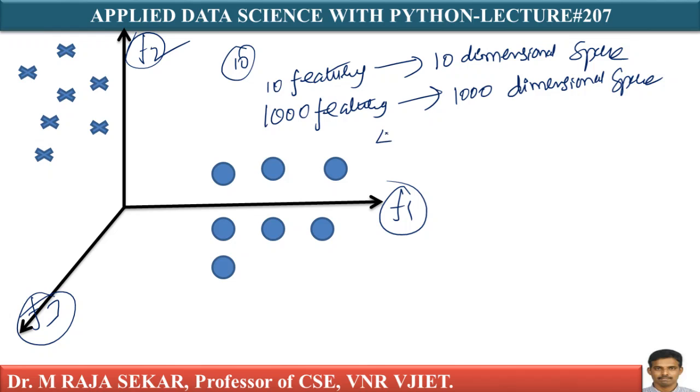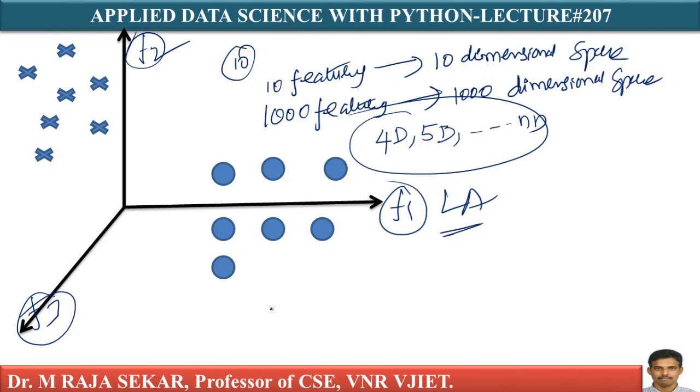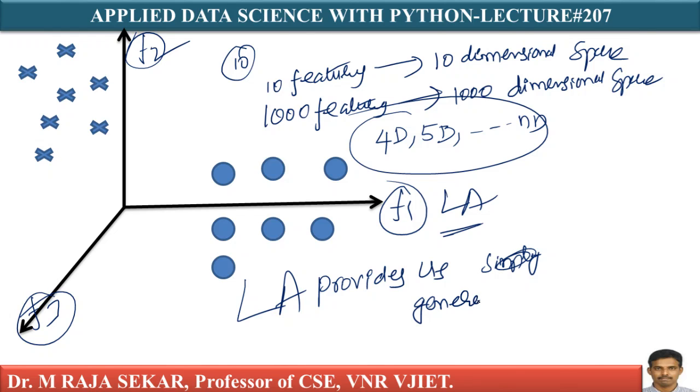We can't visualize 4D, we can't visualize 5D, we can't visualize ND. Hence, as we are not able to visualize, I will repeat, linear algebra provides us with the mathematical tools that we need to simplify or generalize 2D and 3D.